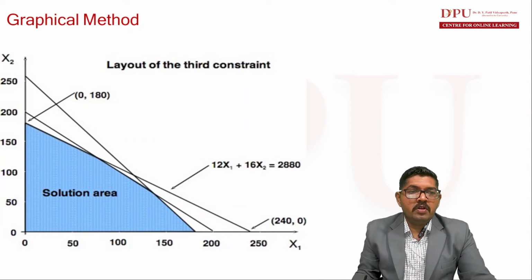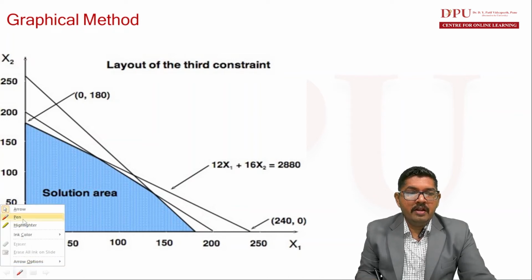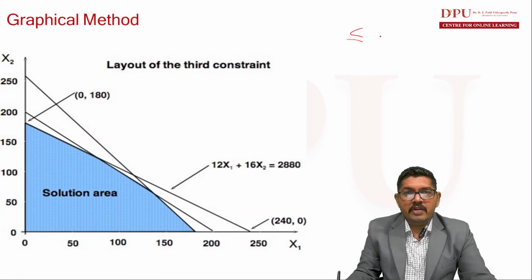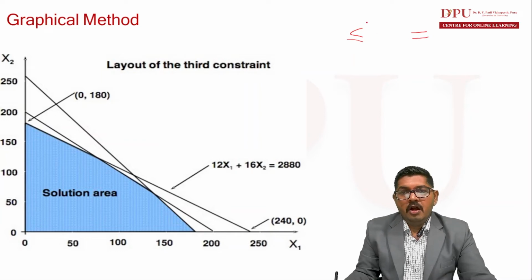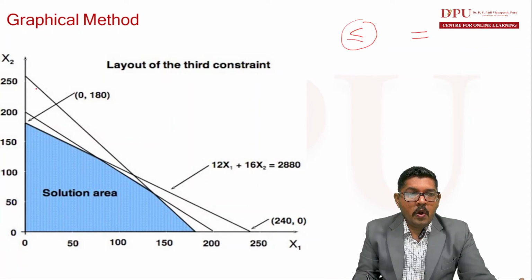Now we find the overlapping area. How do we find it? Remember that all of these constraints were less than type constraints. We converted them into equalities in order to draw the lines of equations. So when the constraints are less than type, to arrive at the common region or solution region, we draw lines towards the origin from every line.